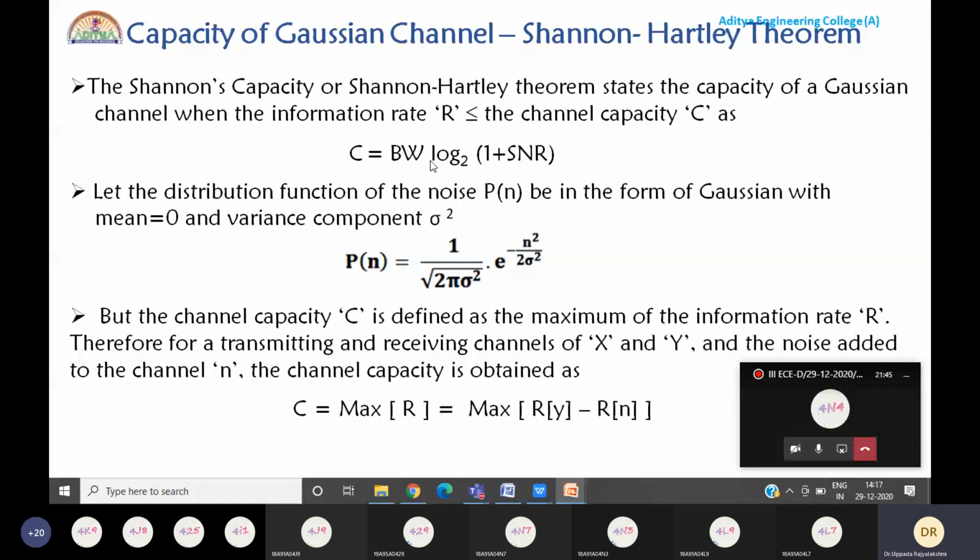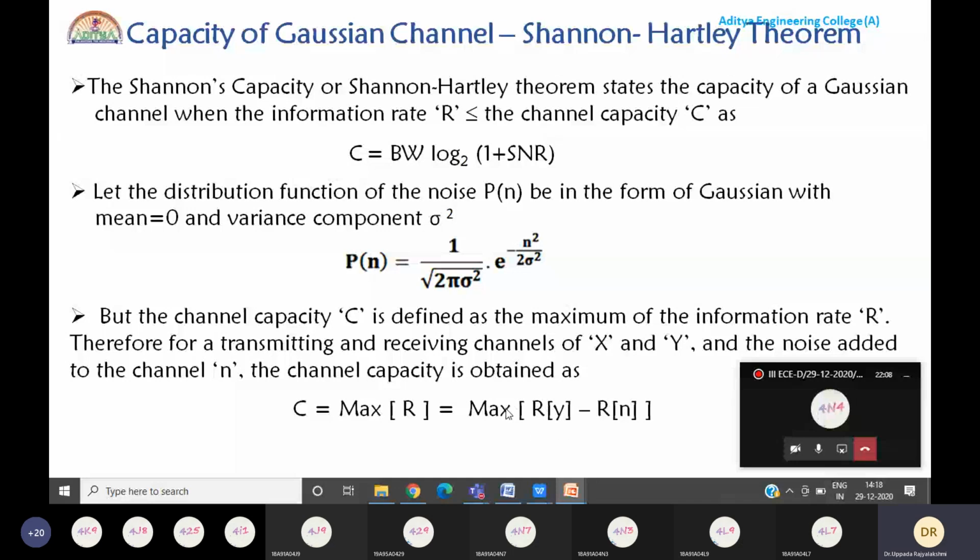Here we are considering the noise distribution function as Gaussian. Upon solving this expression, you should get the channel capacity as bandwidth into log 1 plus SNR, base 2.